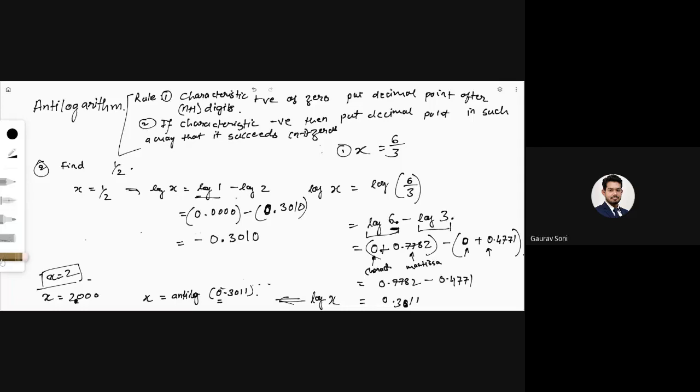So here there is a problem. When I say minus of 0, it is minus 0 minus 0.3010. But whenever I am using anti-log, the mantissa should never be negative.